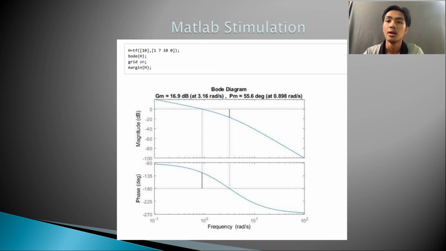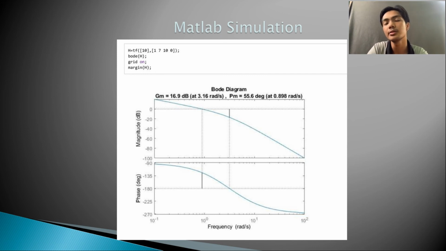As for the MATLAB simulation part, we need to make a little adjustment to our transfer function. The denominator of our transfer function needs to be expanded so that we can input the values into MATLAB. As we expand it, we get our transfer function as above: 10 divided by s cubed plus 7s squared plus 10s.